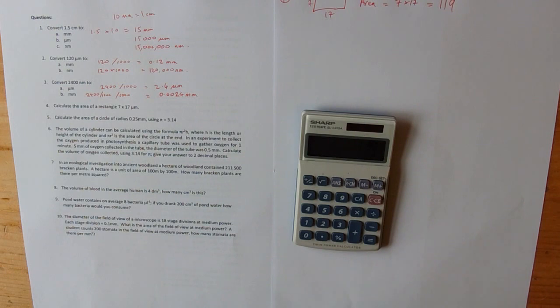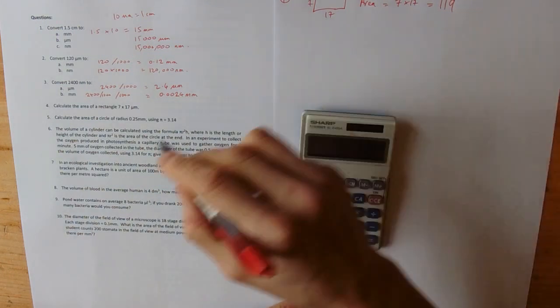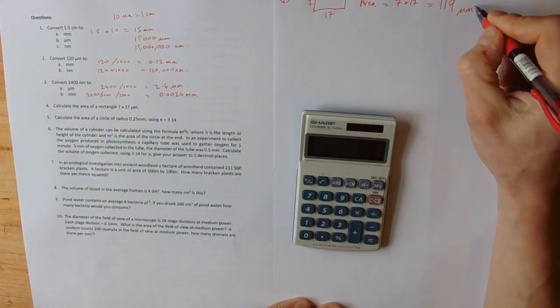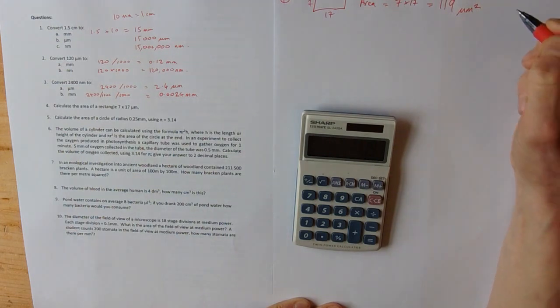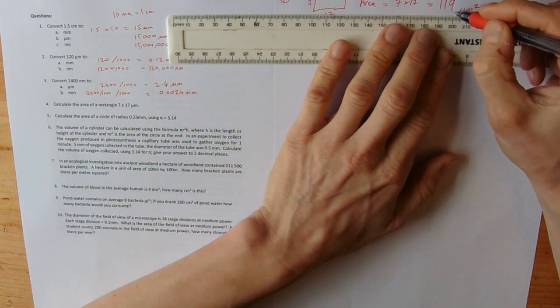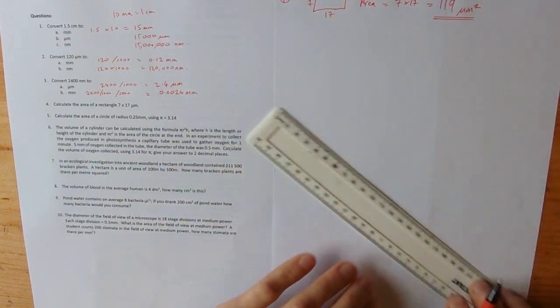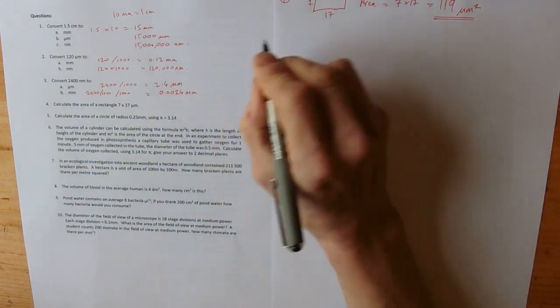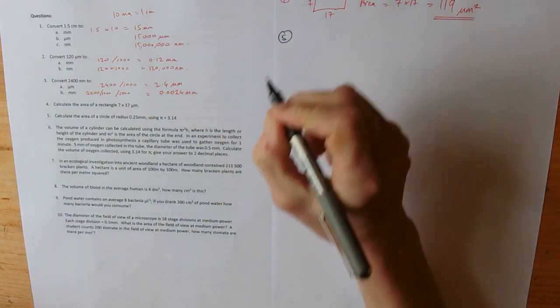But what are the units? The units are micrometers, but this is squared because it's area. So that's our answer there. Question 5, I might just change colours for this.